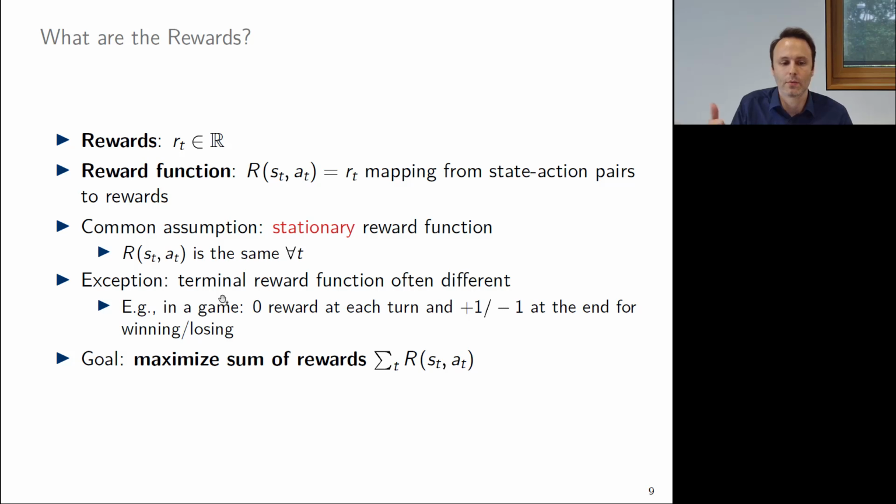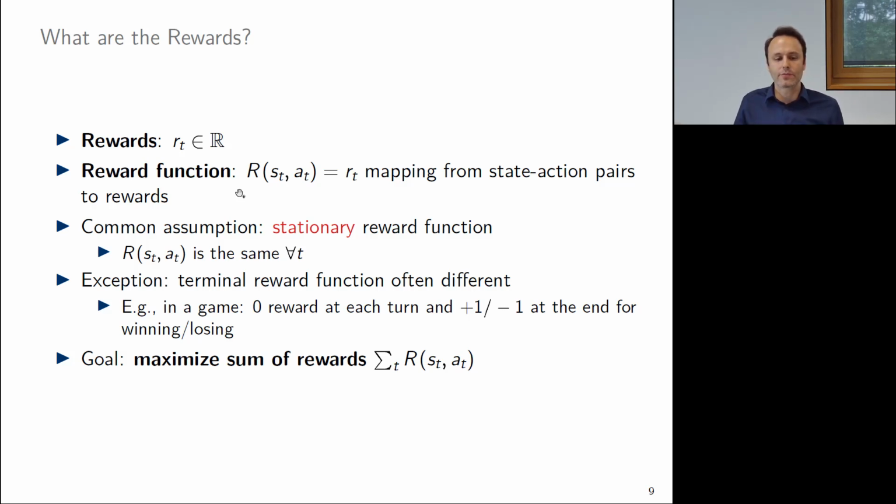The rewards are a numerical signal that we get from the state action pairs actually, and it can be any real number that we get when we take a specific action and are in a specific state.